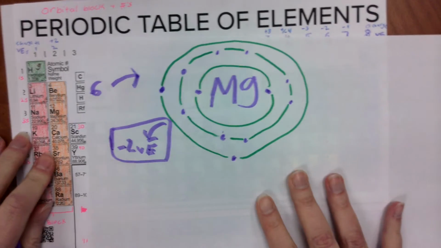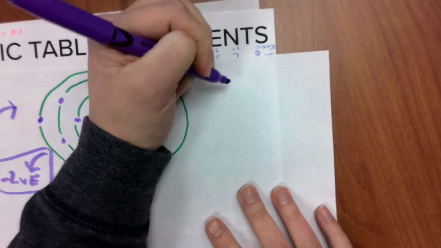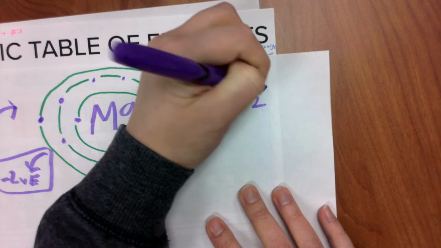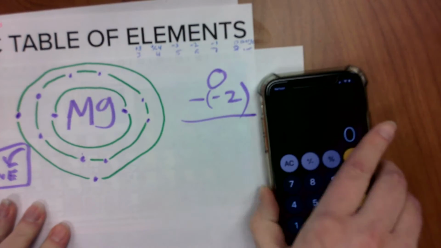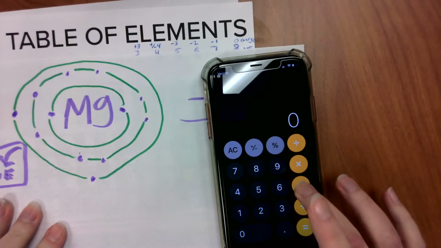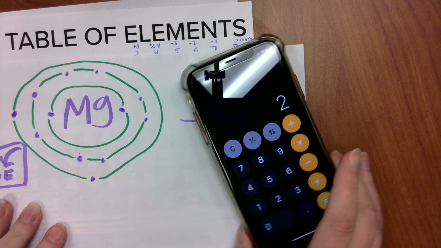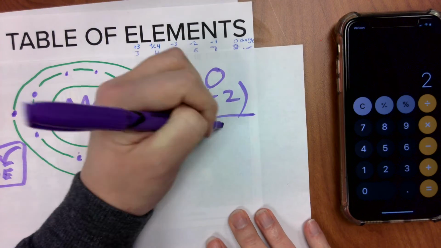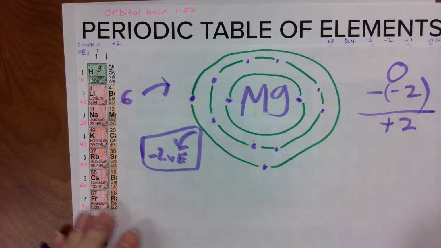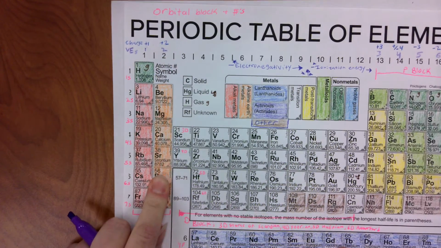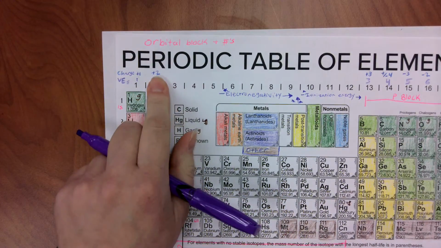So again, 0 minus a negative 2 is positive 2. This is why all elements in group 2 or column 2 have a charge of plus 2.